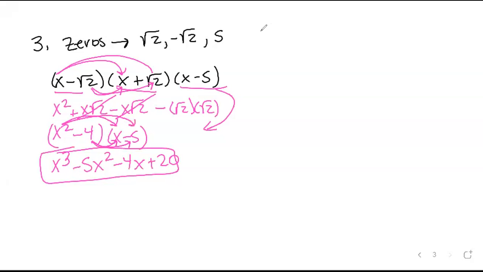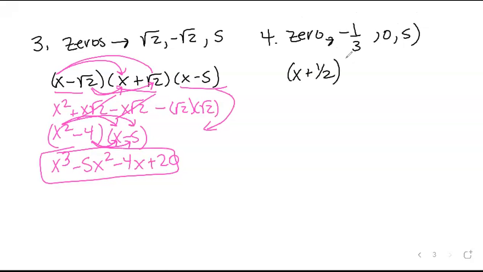I am not going to work number 4 for you, but I am going to help you get it set up. So on number 4, they're telling me the zeros are negative 1/3, 0, and 5. So when I write out the factors that I'm multiplying, it would be x plus 1/3, and x minus 0, and x minus 5.